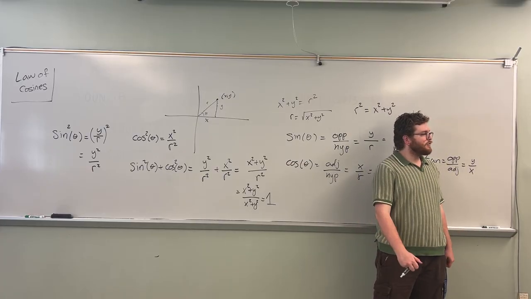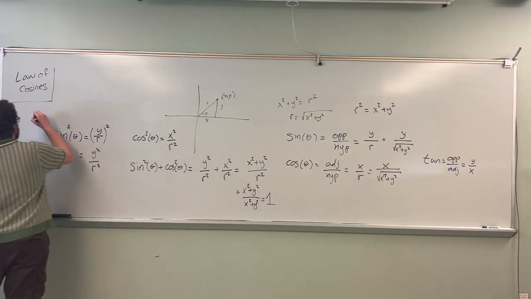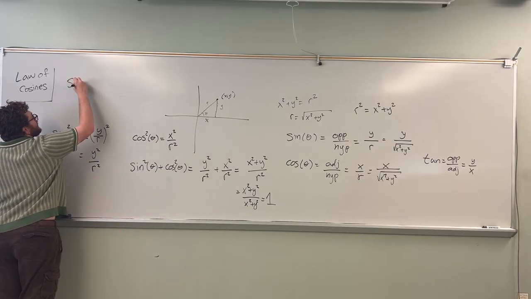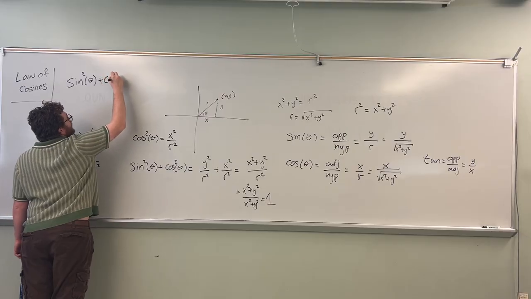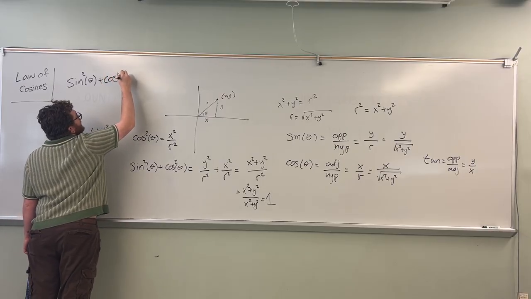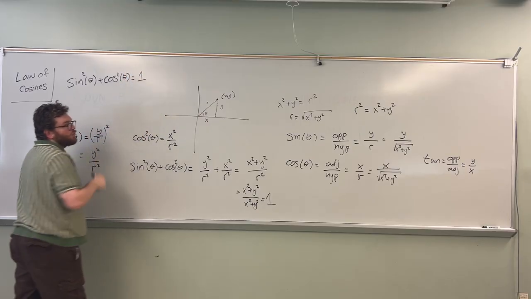So all of that algebra is to show a very useful result that will become handy, that sine of any angle squared plus cosine squared of any angle is always equal to 1.